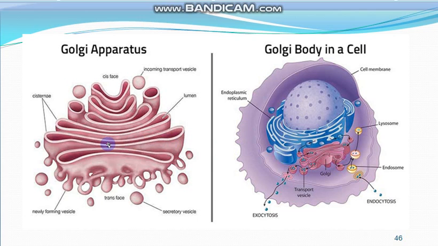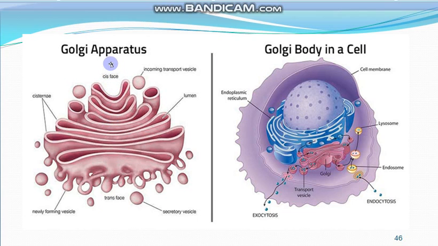So I told you that it is in the form of flattened sac-like structures, and they are parallel to each other. 1, 2, 3, they may range from 4 to 18 in one structure, and these are the cisternae, and they lie parallel to each other, and they are a little convex. So this is the convex side, and this is the concave side.